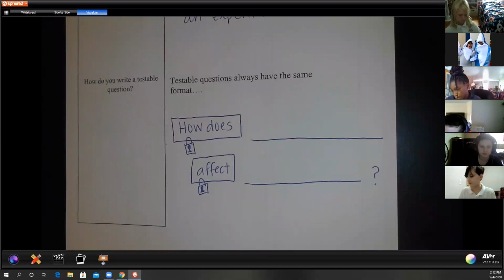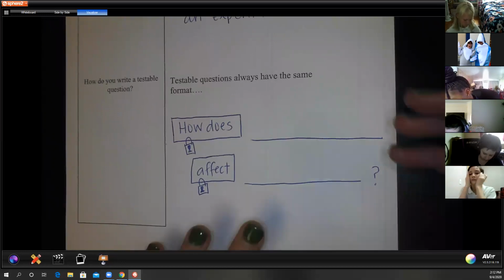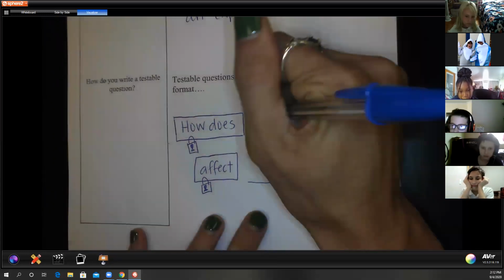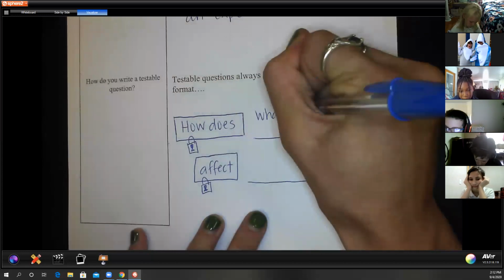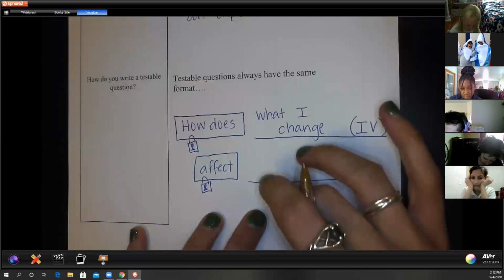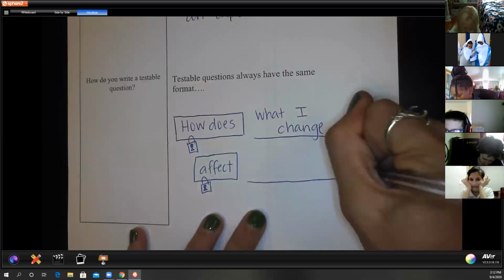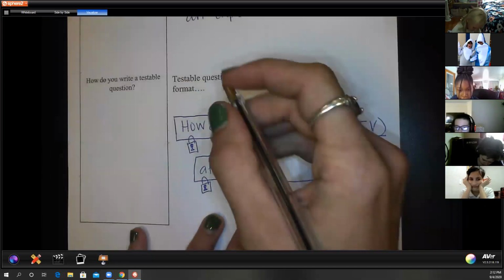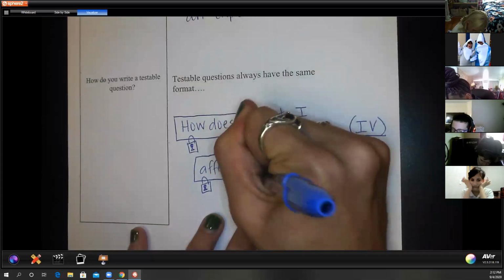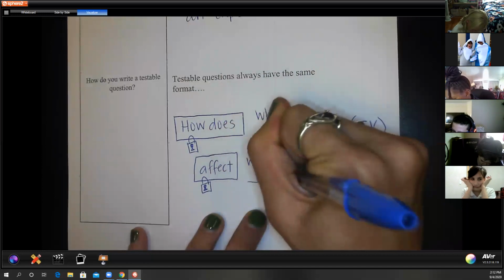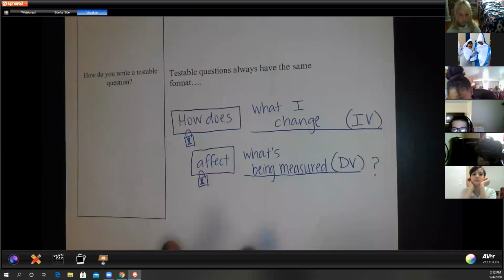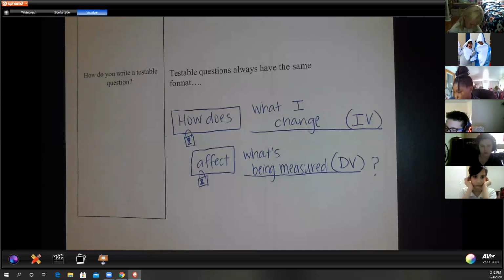Now, what goes in the first box is my independent variable. How does what I change affect my DV, what's being measured? How does what I change affect what's being measured? For the purpose of this, I'm color coding it.